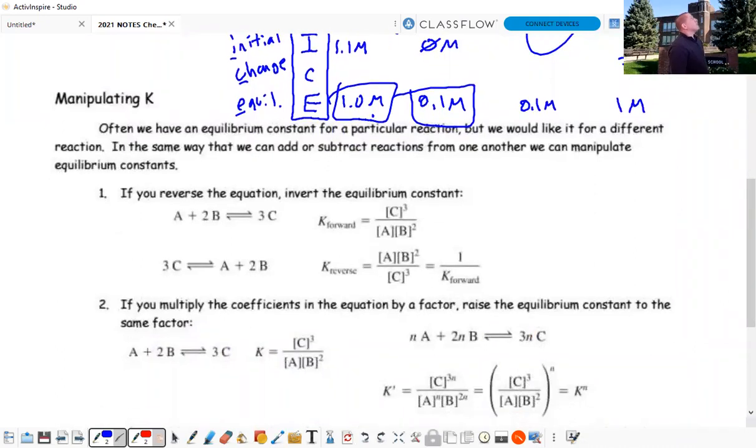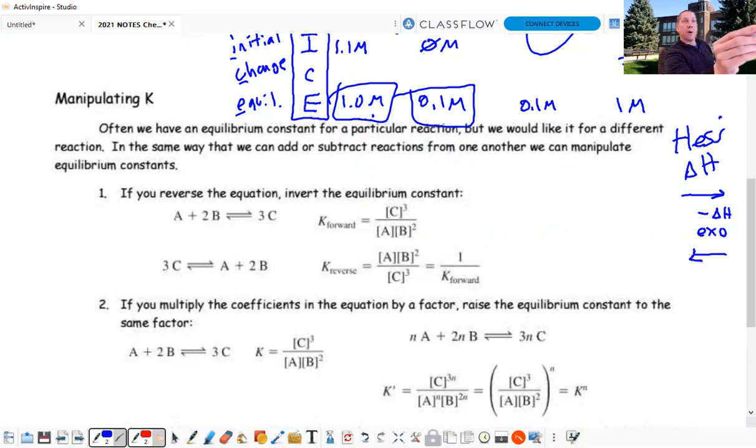All right, so often we have an equilibrium constant for a particular reaction, but we would like to know it for a different reaction. In the same way that we can add or subtract reactions from one another, we can manipulate equilibrium constants. So if you reverse an equation, now different than Hess's law. Remember, Hess's law dealt with delta H. And delta H was, if you're going this way and you have a negative delta H, that means it's exothermic.